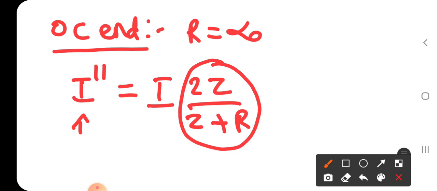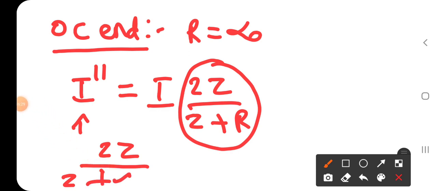Here R is replaced with infinity, that is 2Z by Z plus infinity. Infinity plus anything is infinity. Anything by infinity is equal to 0. That is, I double dash is equal to 0. That is in the view of current, refracted current, it is okay, because there also we got the same.